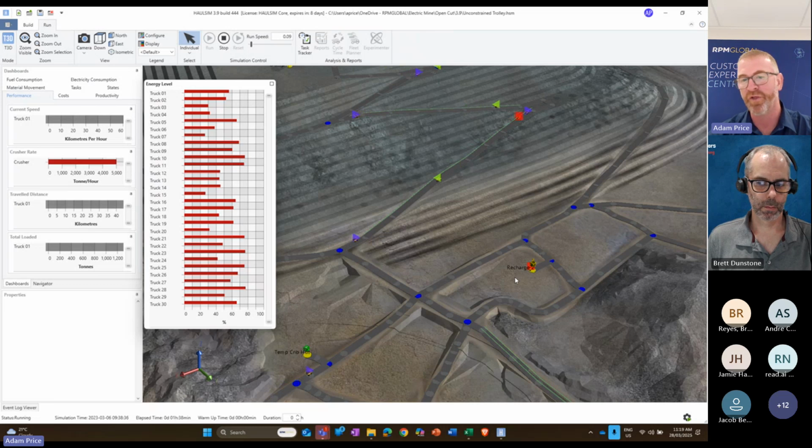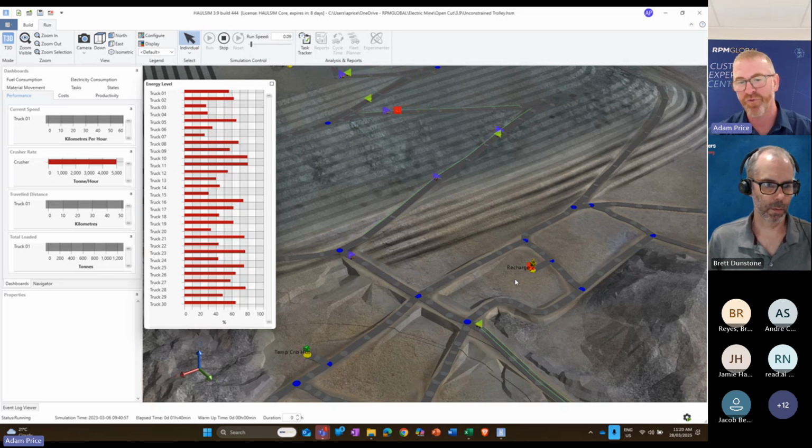So being able to model that and then give that feedback to the other users involved around a mine site, especially around the electrical infrastructure side, has been quite powerful as well. It's allowed them to understand what sort of designs would be required to fulfill the capacities that are required.